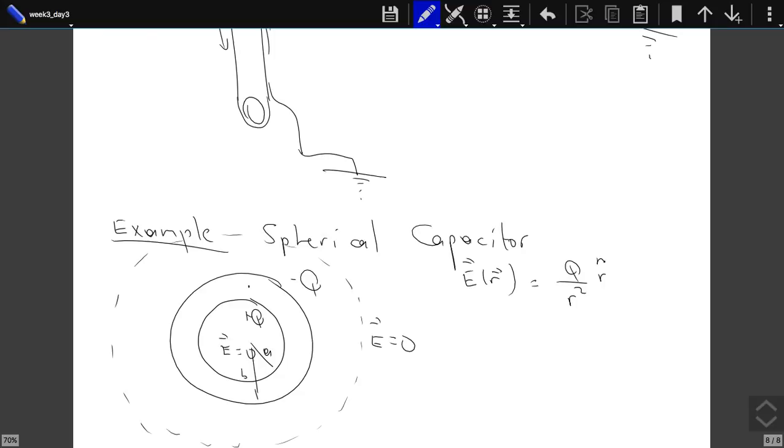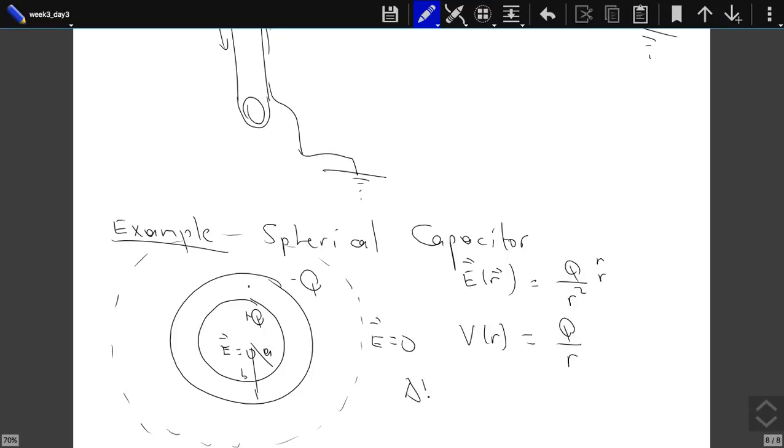We are inside the outer shell, but if you are inside a spherical shell, there's no electric field. So the minus Q charge does not contribute to the electric field. It's only the plus Q charge that contributes, and it just behaves as a point charge at the center. The potential at that point is just Q over R, assuming the potential at infinity is 0.